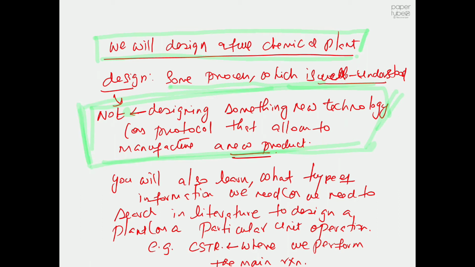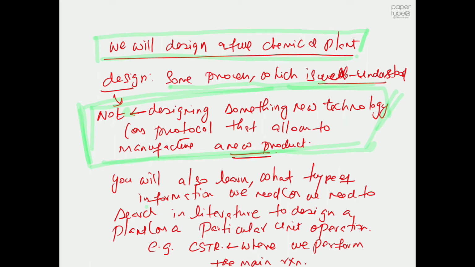Aspen HYSYS needs a lot of information, like what type of reaction kinetics or expression governs that particular chemical reaction, or at what temperature you can separate your fluid mixture. Say your fluid mixture contains A and B, and you use a distillation column at a particular temperature and pressure, you get something at the top and something at the bottom. So you should have some knowledge about fluid properties, and so on.